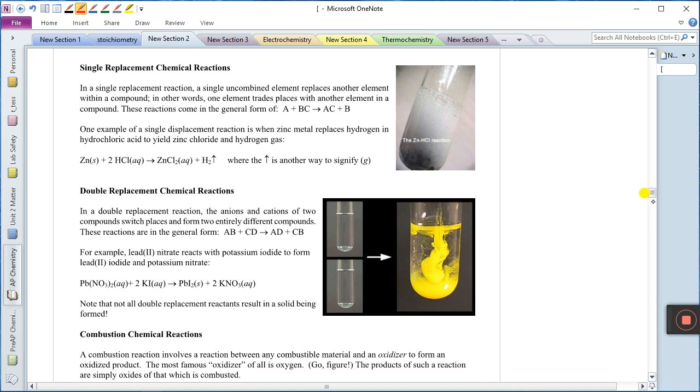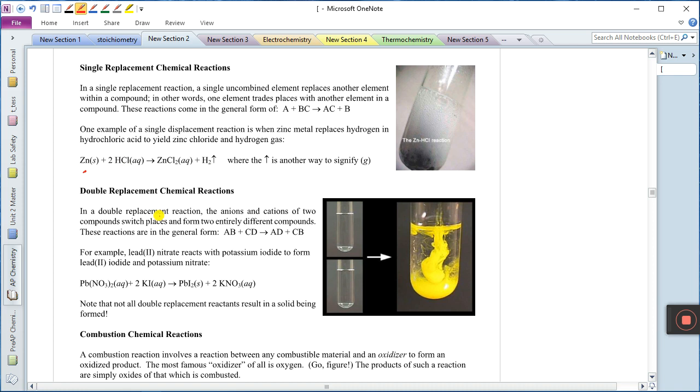Single replacement. So in their example, how do we classify zinc? Element or compound? Hydrochloric acid is a compound, zinc fluoride is a compound, and hydrogen is an element.